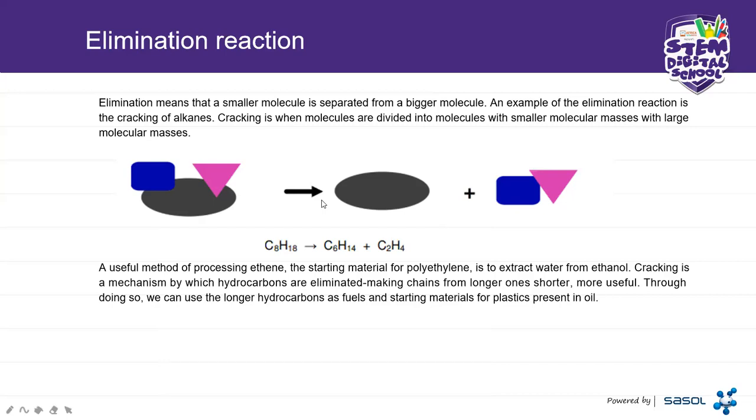An example of an elimination reaction is the cracking of alkanes. Cracking is when molecules are divided into molecules with smaller molecular masses from those with large molecular masses.